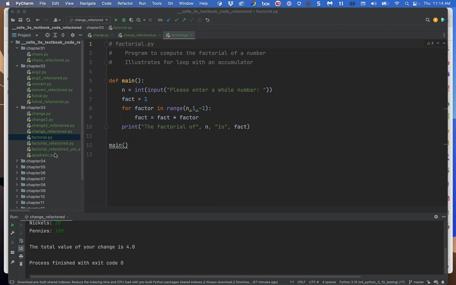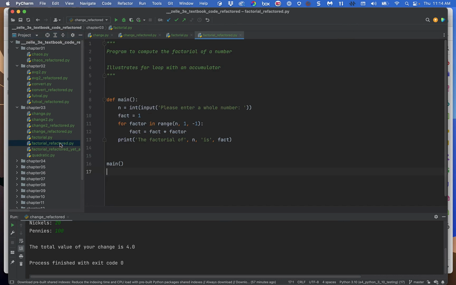Okay, so I've refactored this to make it less a program written by an academic book author and more a program that we might be expected to write on the job. So first of all, I converted the doc string. Okay, and one thing that we probably haven't talked about so far is that if doc strings have a lot to say, they say a summary on line 1.